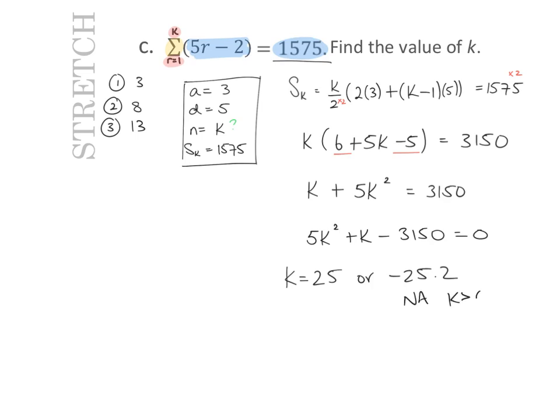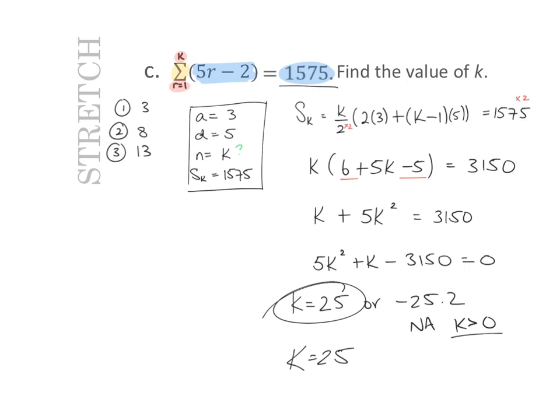Now k must be bigger than 0, so therefore k equals 25. And you can check that really easily just by putting in there and putting k as 25. So 5x minus 2 from 1 to 25 is that. So that is correct.